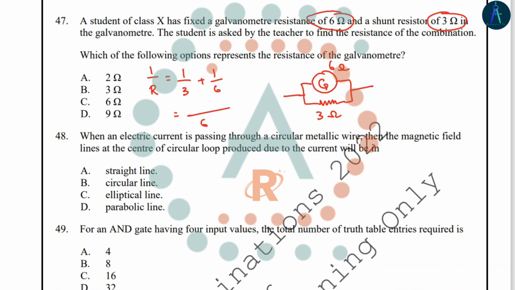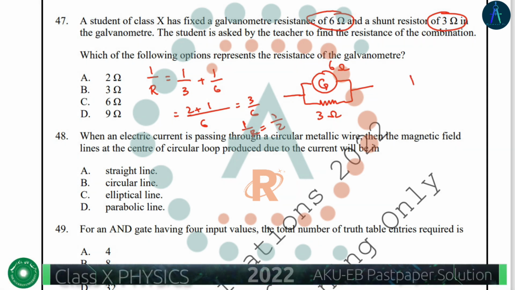So by simplifying this, we will get 2 plus 1 over 6, that is 3 over 6, and 1 over R is equal to 1 over 2. So in this way, the effective resistance or the total resistance will become 2 ohms. Option A is the right answer.